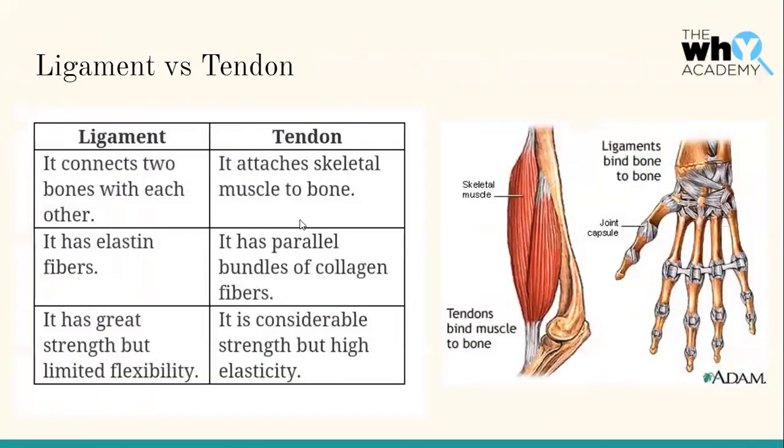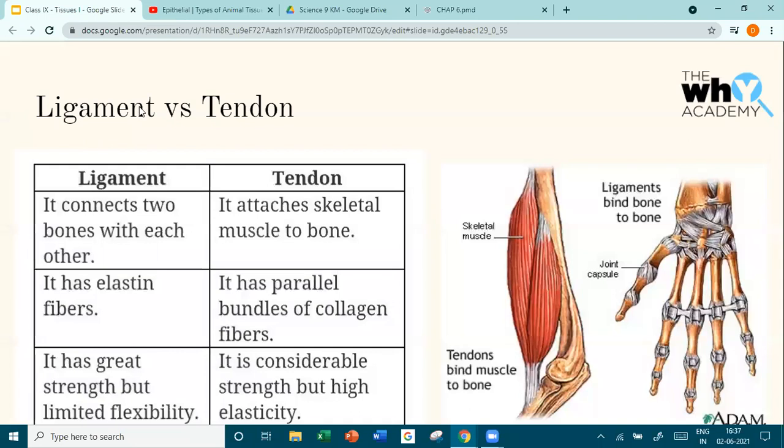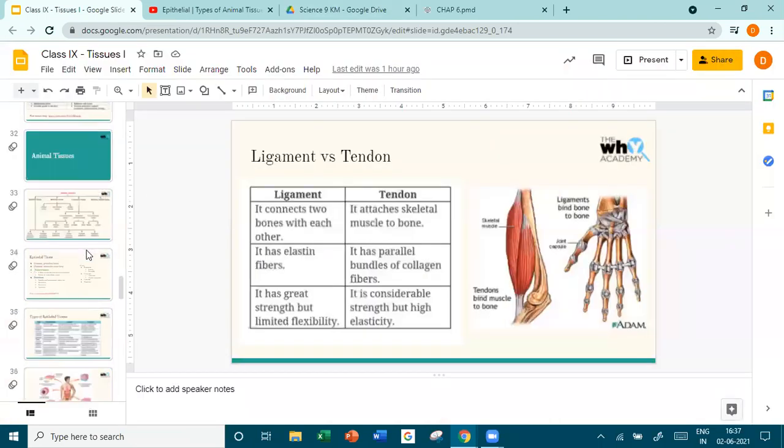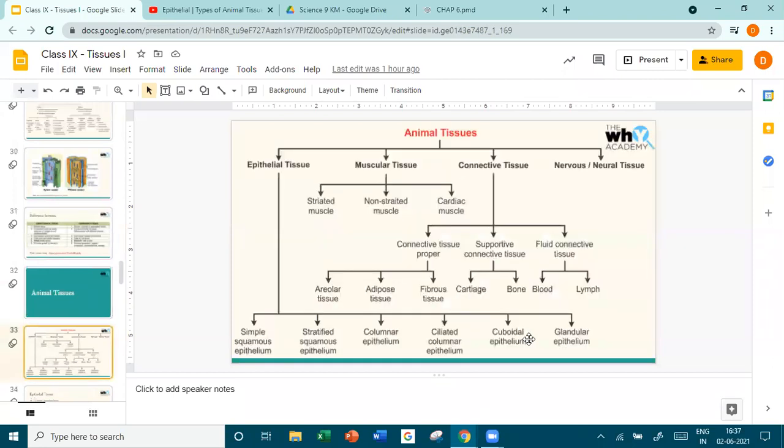Let me make a small rough diagram for you before that. As you see here in this flowchart, we have three subcategories of connective tissues.